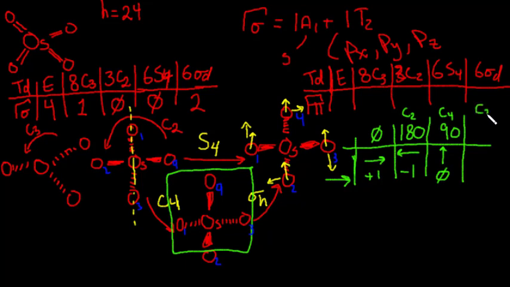And in the case of a C3 rotation, a 120 degree rotation, the vector would be pointing in between, and the cosine of 120 would be -1/2. And this will come in handy when we look at these in particular.